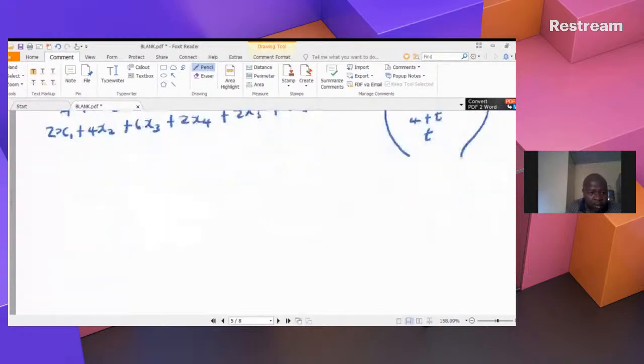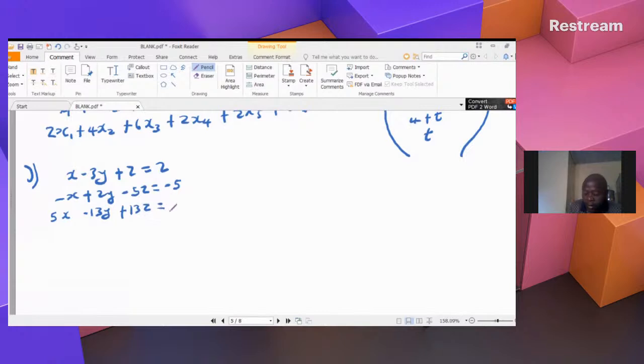The other question is x minus 3y plus z equals 2, negative x plus 2y minus 5z is -5, and 5x minus 13y plus 13z is 16.